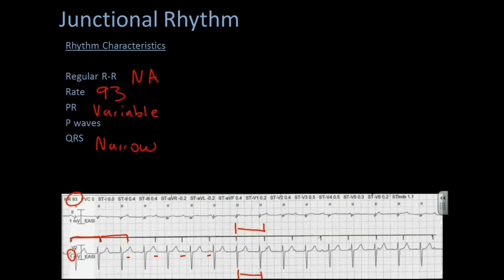When you look at a strip like this, I'm seeing that the QRS rate, or the ventricular rate, is faster than the atrial rate. So you're seeing this dissociation of P waves to QRSs, not because the SA node is not pacing fast enough, but because the AV node is actually outpacing it, resulting in this accelerated junctional rhythm.